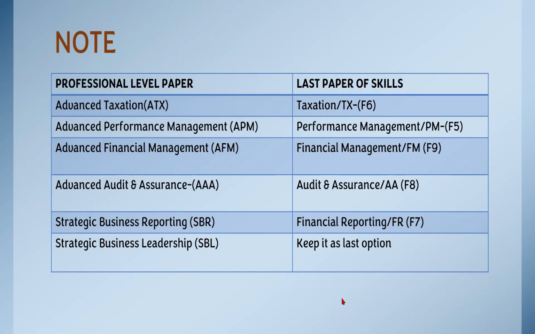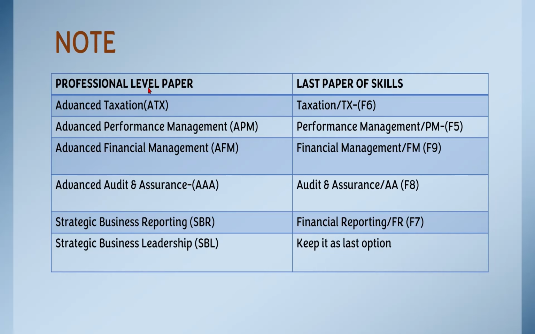So this is if you have done the first four papers, then you should go for Tax. But before highlighting the rest of the skill papers, I would like to say something. These are the professional level papers, you might be familiar: Advanced Taxation, Advanced Performance Management, Advanced Financial Management, Advanced Audit and Assurance, Strategic Business Reporting, and SBL, Strategic Business Leadership.